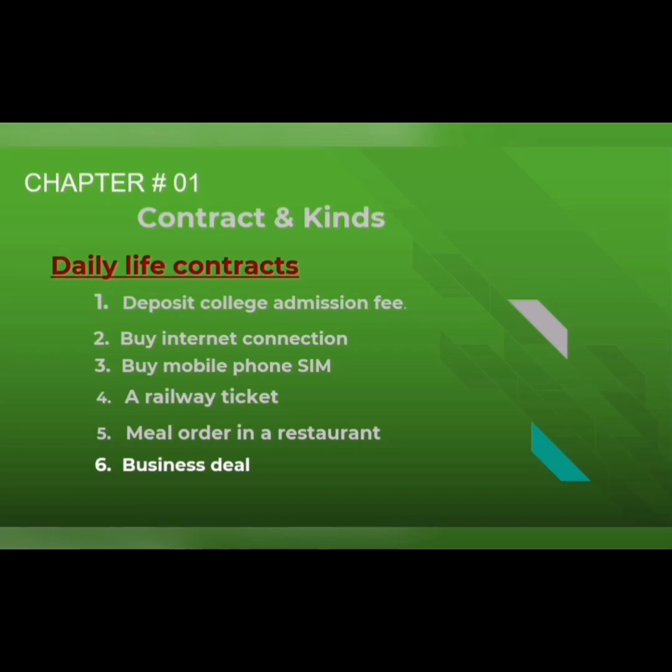Next, meal order in a restaurant. When we give an order in a restaurant regarding our requirement or hunger, after giving the order and after accepting the order, there is a contract between you and the restaurant administration.